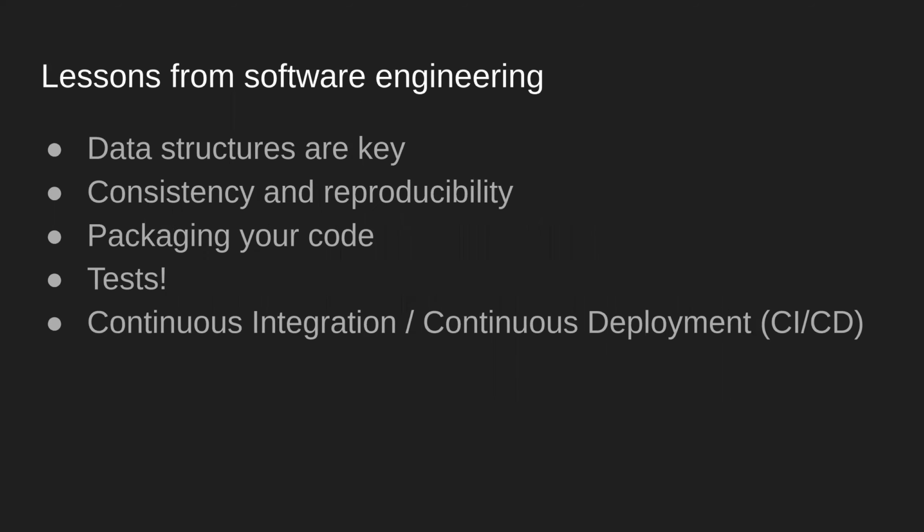Just at a very high level, I'm going to do a deep dive into some of this stuff. These are the things I like to highlight. Data structures are key. There's a reason in computer science 101 you start with data structures: they're essential. Usually in software engineering and computer science, data structures are taught from the perspective of the algorithm and the computer, and how to make the algorithm as fast or as scalable as possible.